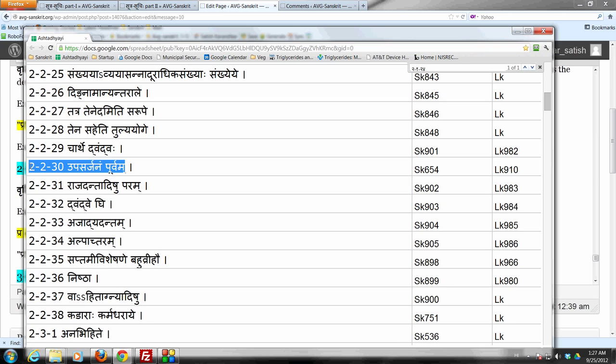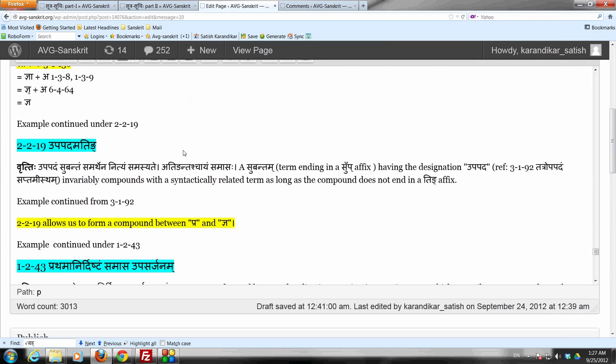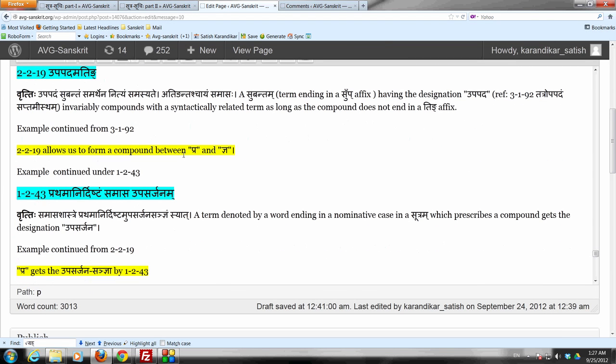All it says is that the term which has the upasarjana sanya takes the purva nipataha, it becomes the prior member in the compound. And we have just seen, of course, that the upasarjana sanya is given by the sutram prathama nirdishtam samasa upasarjanam. So in our case, what do we have?